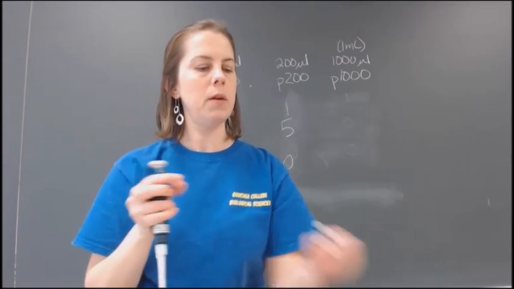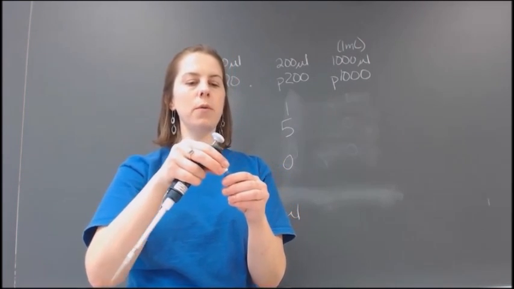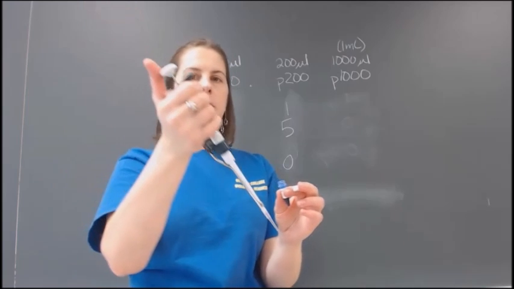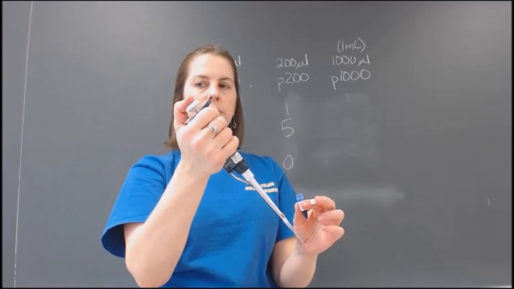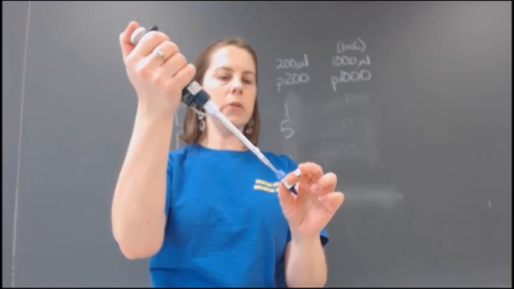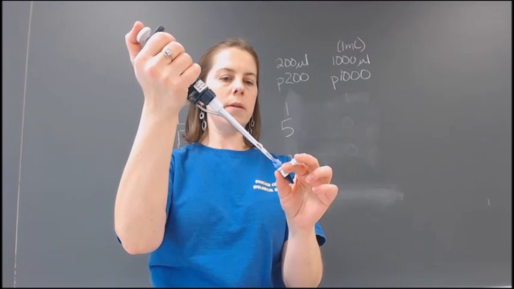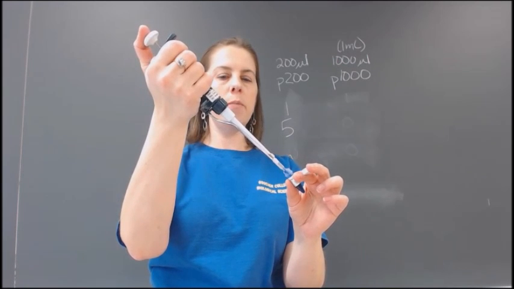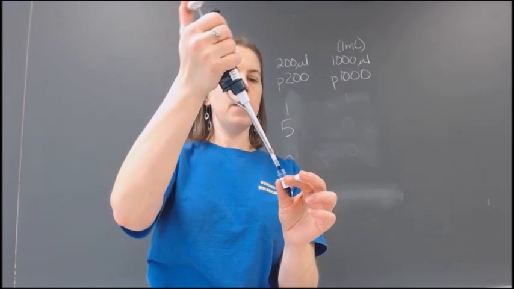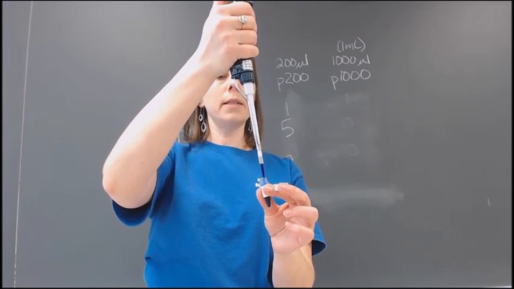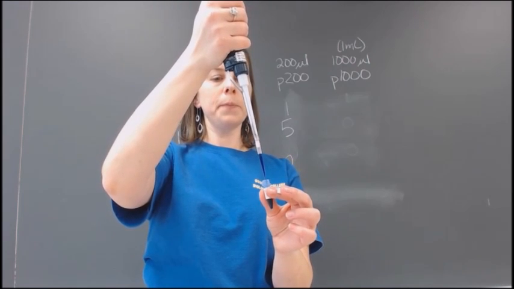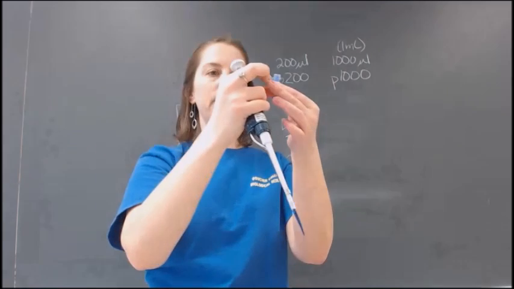Okay? So let me show you what this looks like. We have this blue liquid and I'm pushing the plunger down to the first stop and then I insert the tip into the liquid, raise it slowly back up, and I make sure that I see the liquid stop moving. Make sure there's no liquid on the outside of your pipette tip.